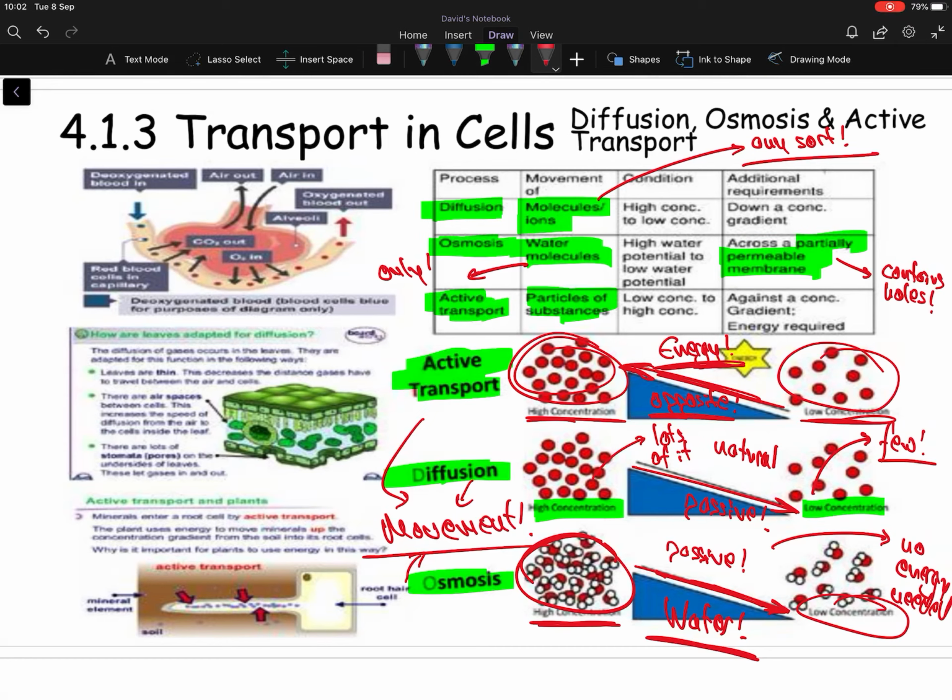So an example of where you might find it is the absorbing of minerals from soil to plant roots.